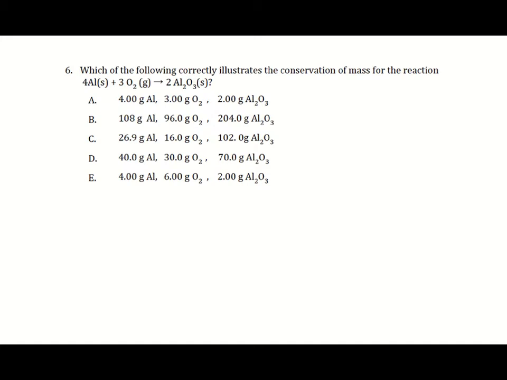Which of the following correctly illustrates the conservation of mass for the reaction? Very simply, we need to make sure that the sum of masses of reactants equals the sum of masses of products.